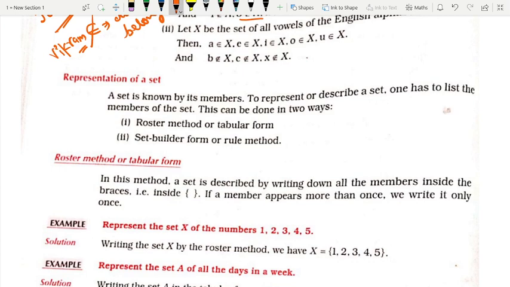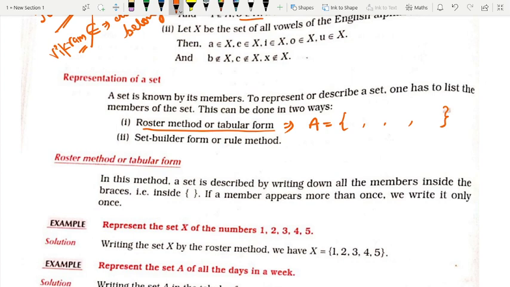Now let's see how we represent the set. Roster method or tabular method. Roster method we can represent by a capital letter. We can write down the name of the set by the capital letter, and in curly brackets we will write all the members with commas.